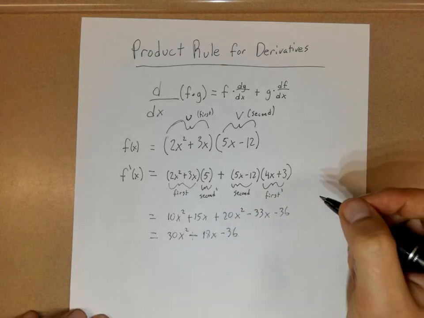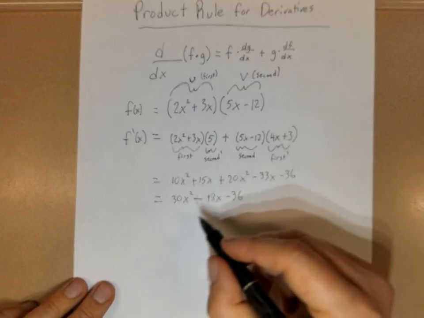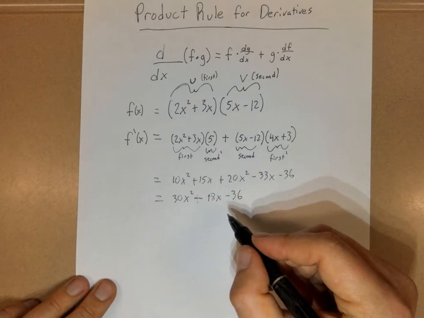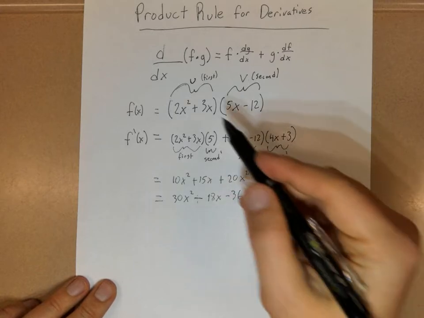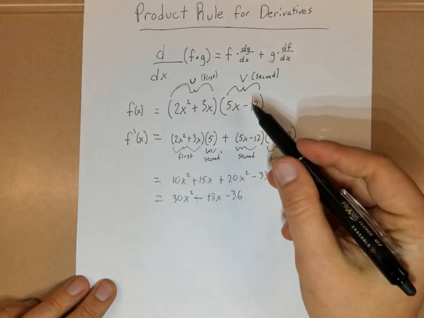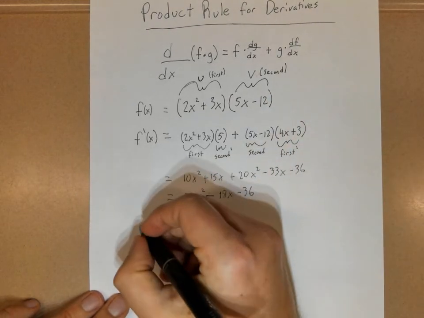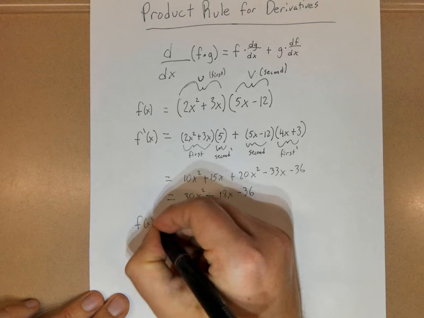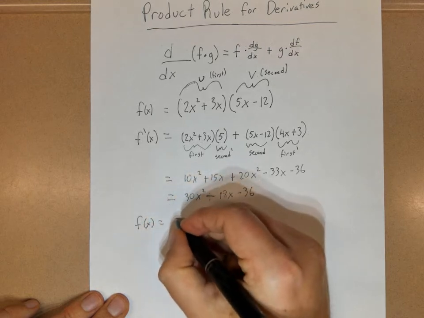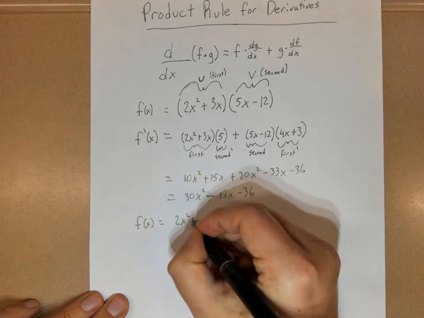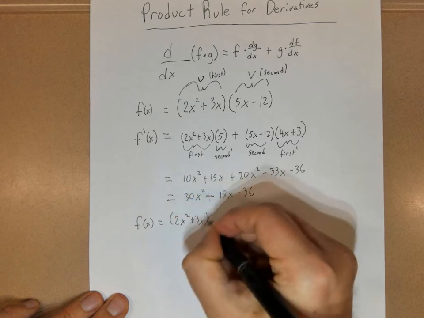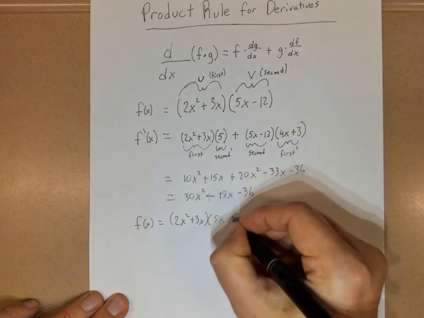And so now I can show you that this derivative right here, by using the product rule, is going to be the same exact thing as if you FOIL this whole thing out and then just take the derivative of that. So if I rewrite this, let's go back to my original. So it's 2x squared plus 3x times 5x minus 12.